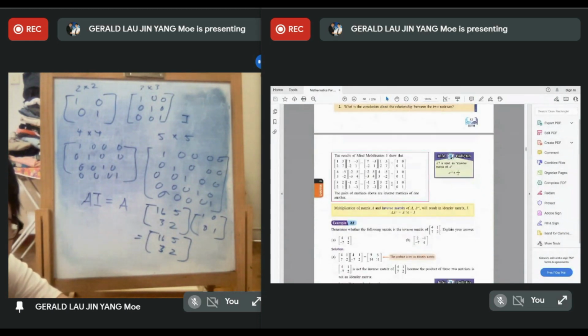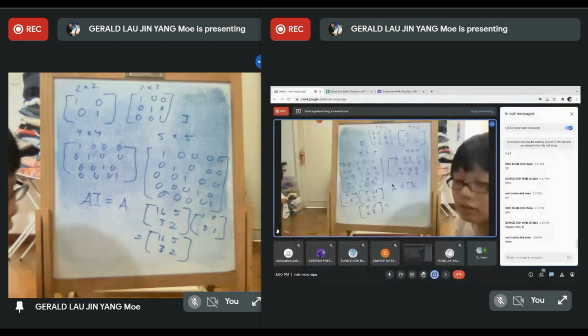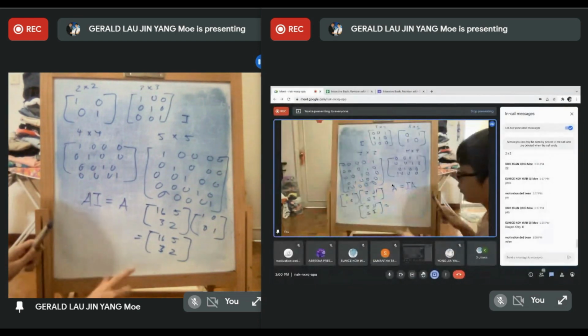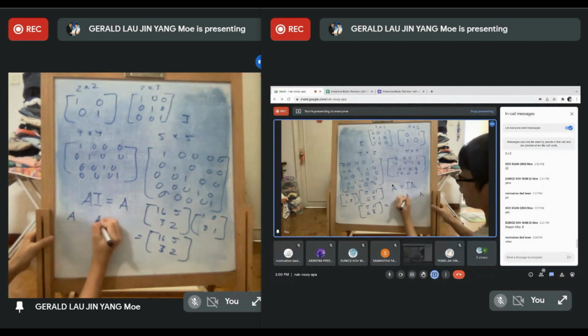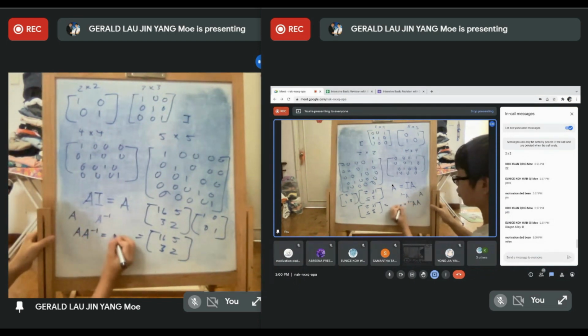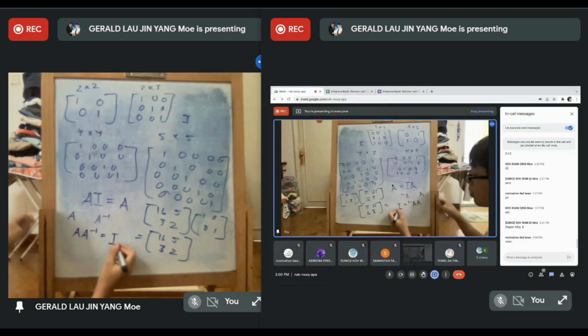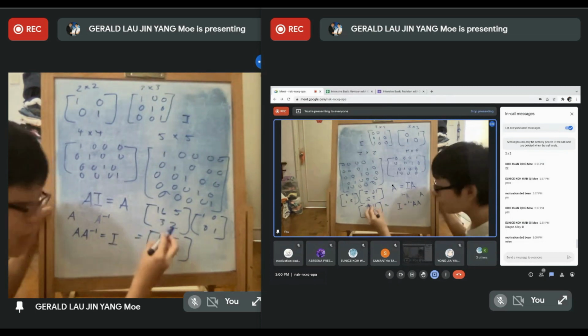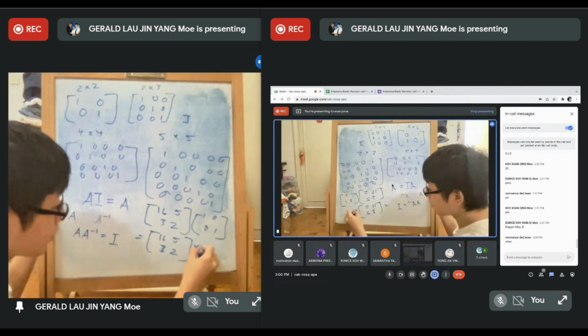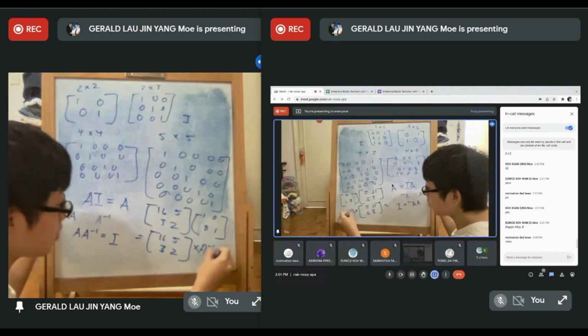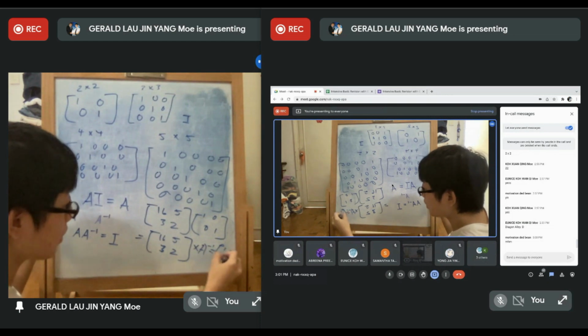Okay, now we come to the fun part, the inverse matrix. Let's say this is a normal matrix A. The inverse will be A to the power of -1. When a normal matrix times an inverse matrix, it will produce the mirror, the identity matrix. So let's say we use the same thing, 16, 5, 3, 2. If it times the inverse matrix, you will produce the identity matrix 1, 0, 0, 1.